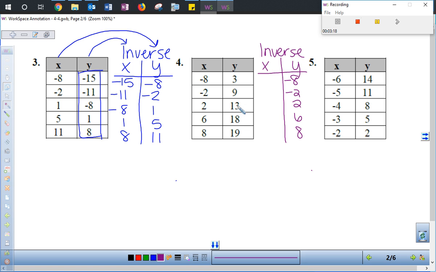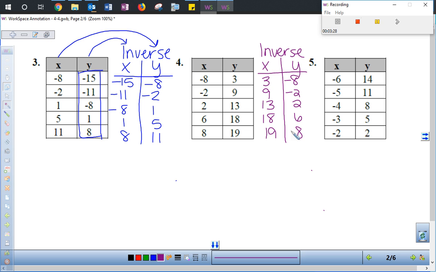Then my y column, 3, 9, 13, 18, 19, that's going to come right over here. 3, 9, 13, 18, 19. Then just do a double check that they're paired up correctly. -8 and 3, -2 and 9, 2 and 13, 18 and 6, and 8 and 19.